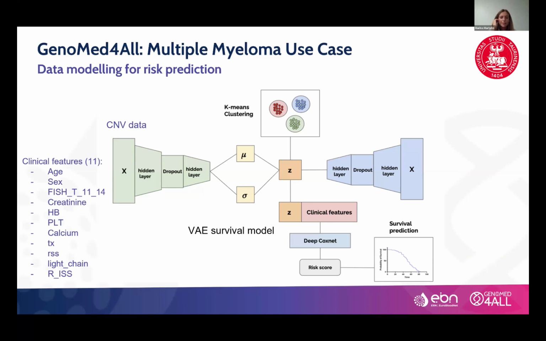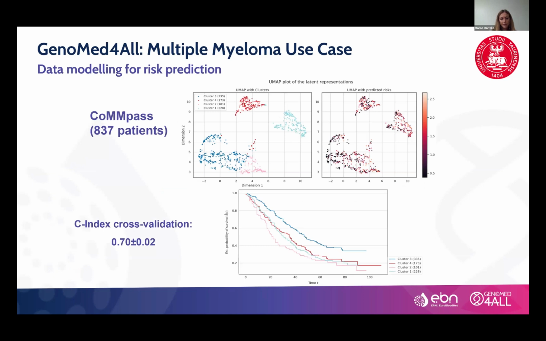As you can see from this illustration, the Turin group have used the CNV data, so the data derived from copy number alteration, and they used a variational autoencoder machine learning model in order to predict the risk of a particular group of patients obtained by k-means clustering. The model has been trained on the COMPASS dataset, in particular on 837 patients.